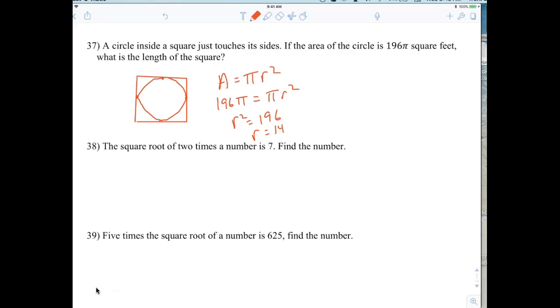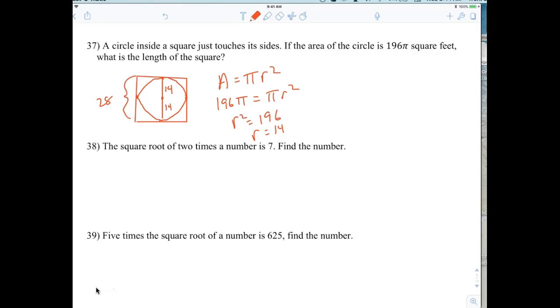Even if I had no idea, the only thing I can find from the area is the radius. So I would draw the radius so it would help me. If that is 14, then from here to here would be 14 also. So the side of the square is actually what? 28.